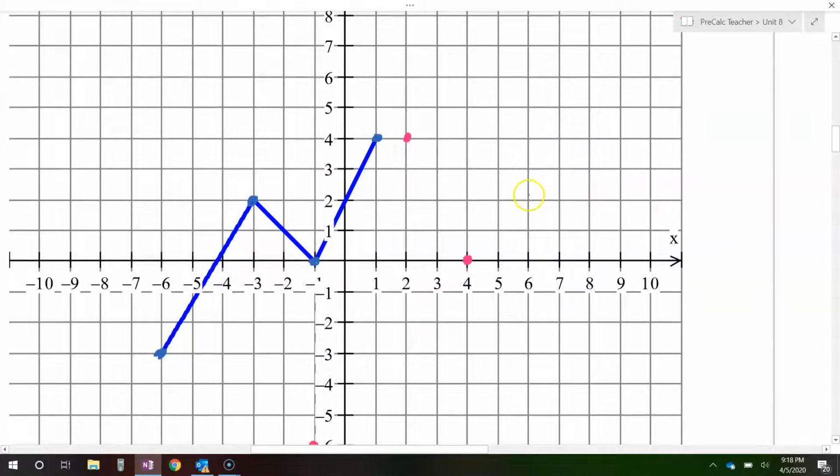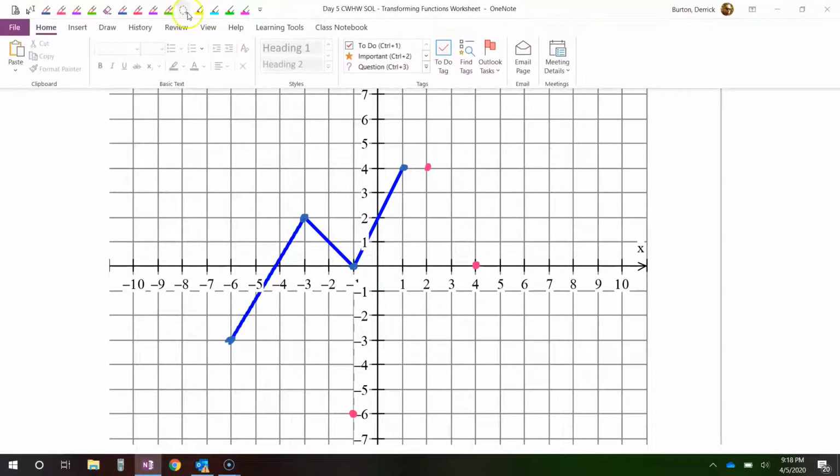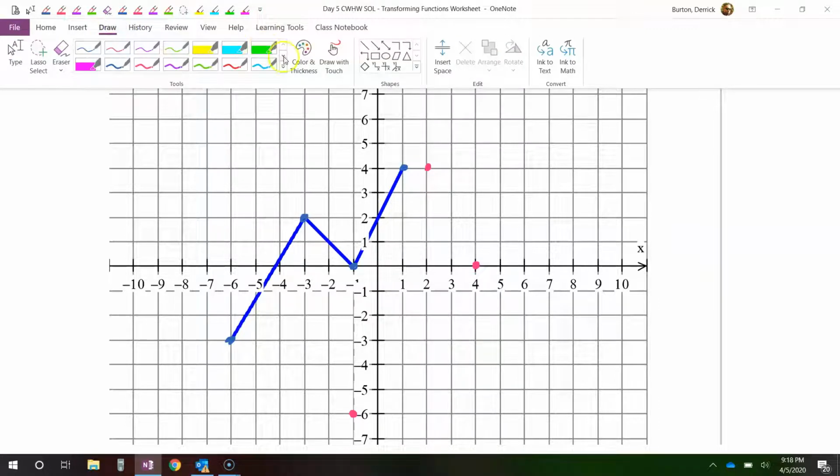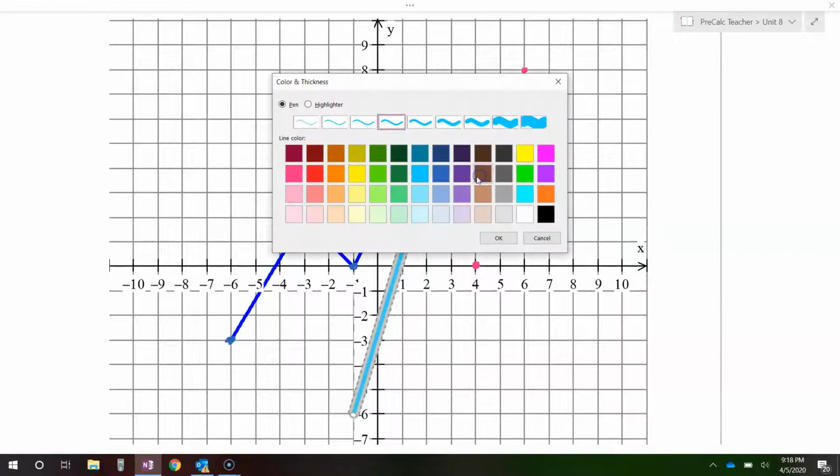Let's go a little bit higher. Now I'm just going to connect the dots, making a similar pattern to what we had before. I really thought that was going to be red.